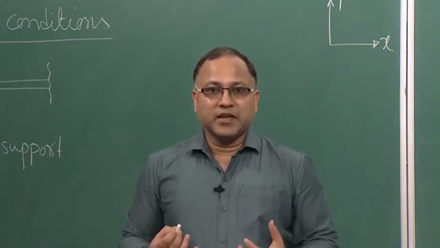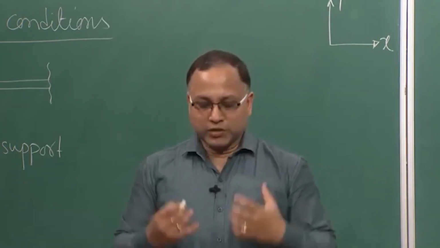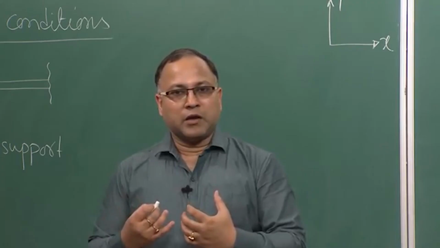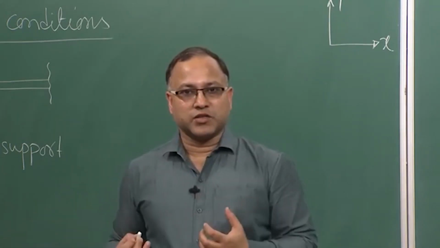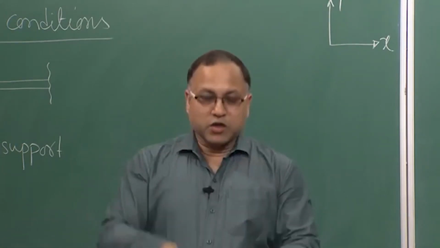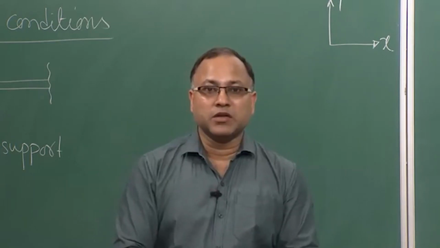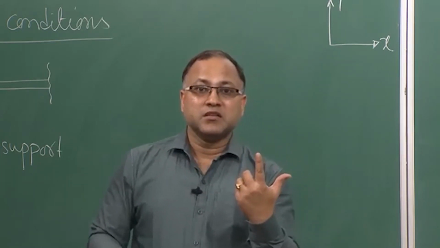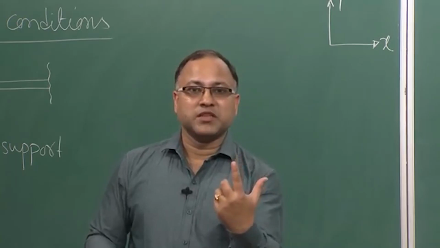Nobody is obstructing me, nobody is restricting my movement. That is why I am not getting any reactions in those directions, but I cannot move in the vertically downward direction, because the floor is giving me the support, or some opposite reaction.